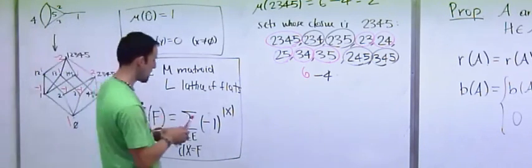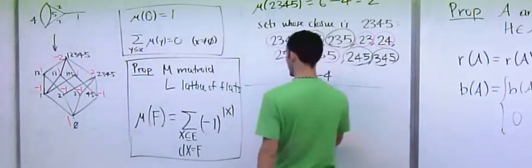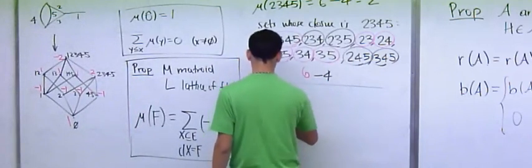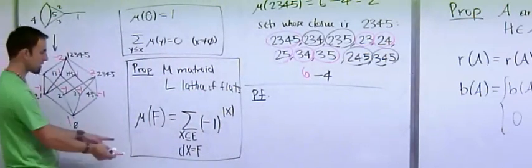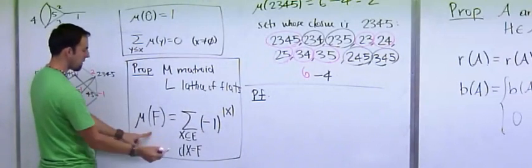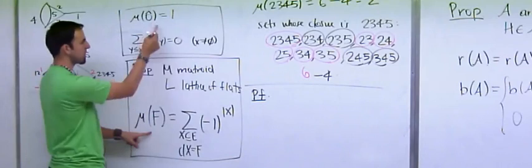Okay, so this is what I'm going to show. So proof. Well, basically, if I want to show that this is the Moebius function, then what I need to show is that it satisfies these two conditions.